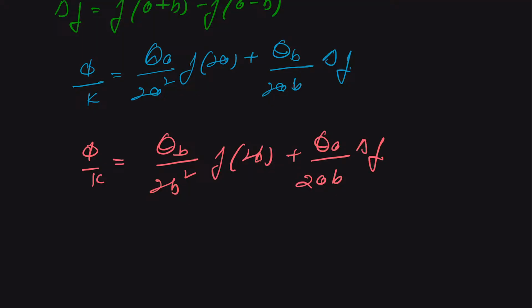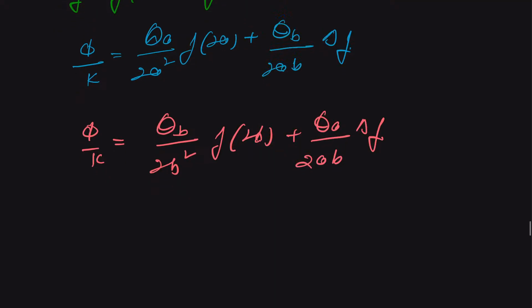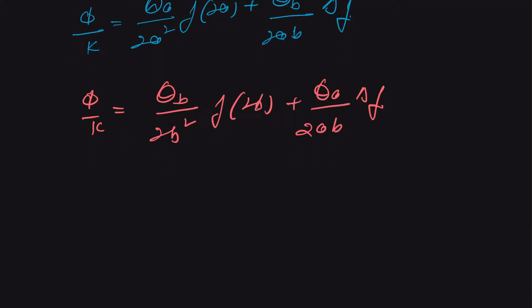And we need to only solve these two equations. These are basically nothing but two linear equations. Only the solution will take a little bit of lengthy time to solve. And for that we are going to insert a few variables.